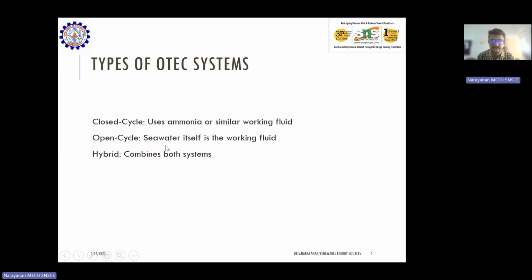So that is the open cycle, where seawater itself is used as the working fluid. The closed cycle will use ammonia or a similar working fluid other than seawater. Seawater is used only as a heat transfer medium in the closed cycle. Hybrid power cycles combine both systems, both open and closed cycles.